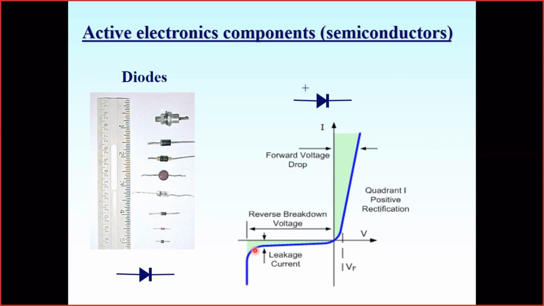Such diodes are called Zener diodes and are used for the stabilization of voltage, because when the Zener diode is at the reverse breakdown voltage, the current of this diode is practically unlimited. It doesn't depend on how big the current is. Independently of the current, the reverse breakdown voltage will be kept very stable, and that is the application of Zener diodes.